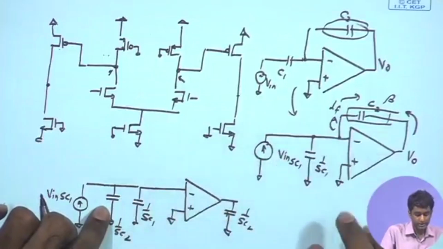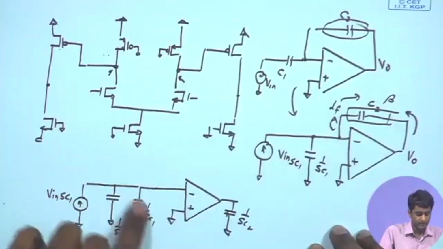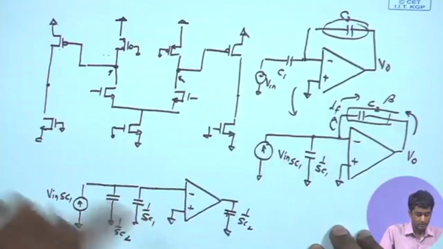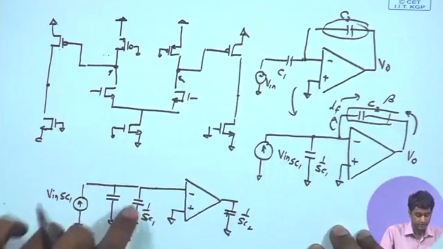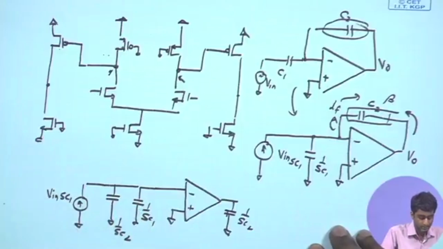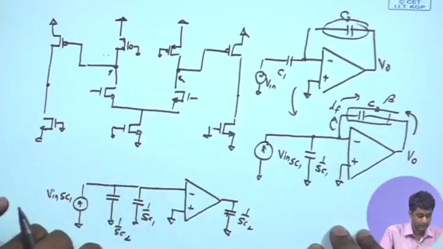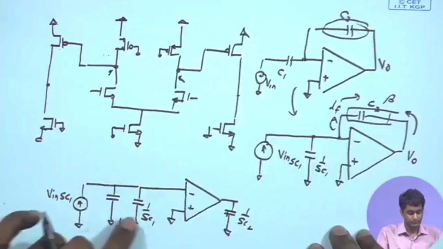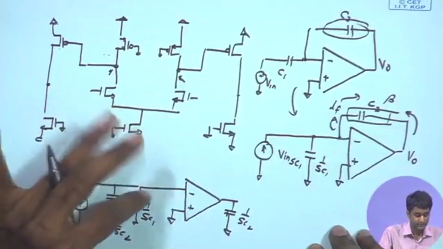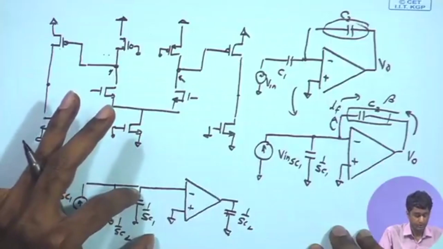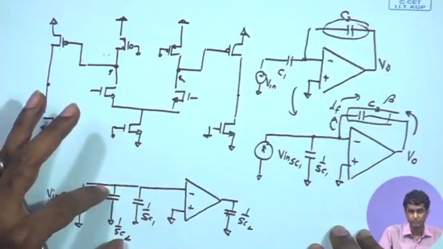In order to get larger gain, what we have seen is that C1 was supposed to be larger. Therefore, in the impedance, the 1 upon SC1 being larger capacitance is going to produce smaller impedance, whereas 1 upon SC2 is going to produce larger impedance.